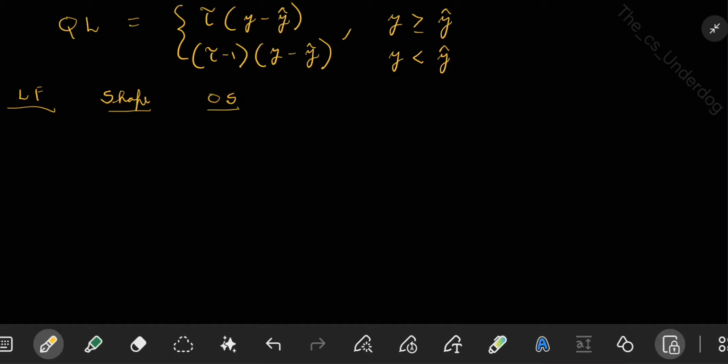I'll write outlier sensitivity. After that, what else is there? You want to see whether it is differentiable everywhere. This is an important point because when you're doing gradient descent, you want to know whether this particular function stays differentiable everywhere or in some particular position it is not differentiable. So I'll give a bit more space.